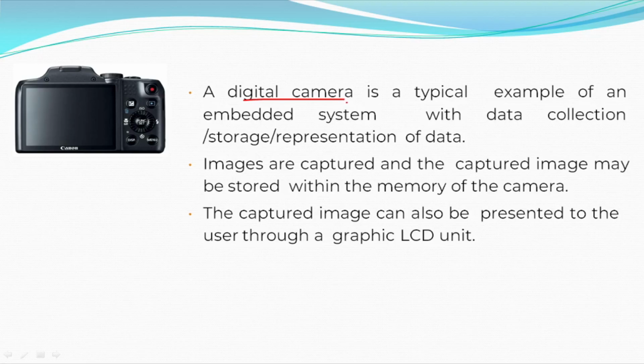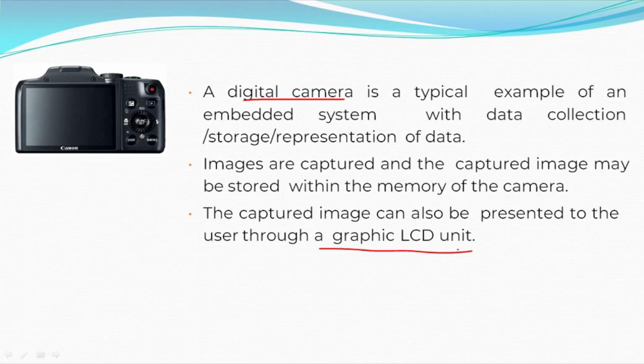The action of clicking the picture is nothing but collection of data, and once you click the picture, it is saved in the memory. That is the storage part. Once it is saved, you can click on that particular file to view that image. That is the representation, and to view it, we do it through a graphic LCD unit.